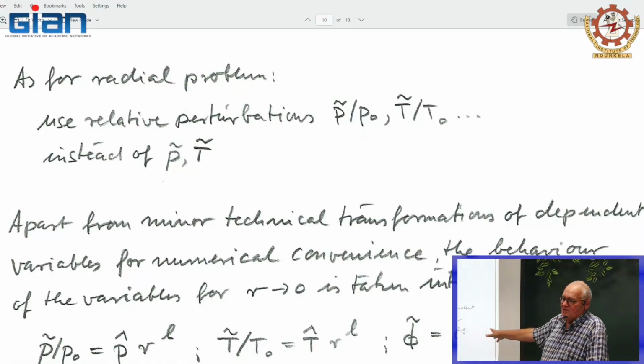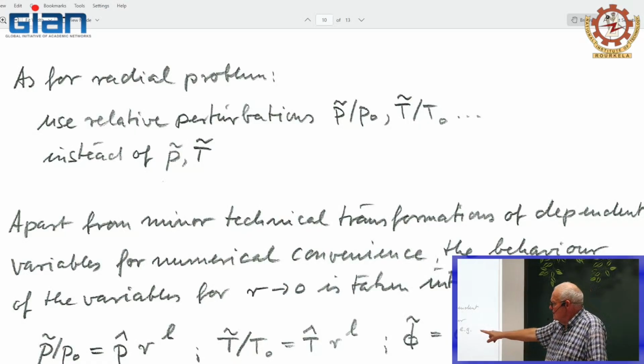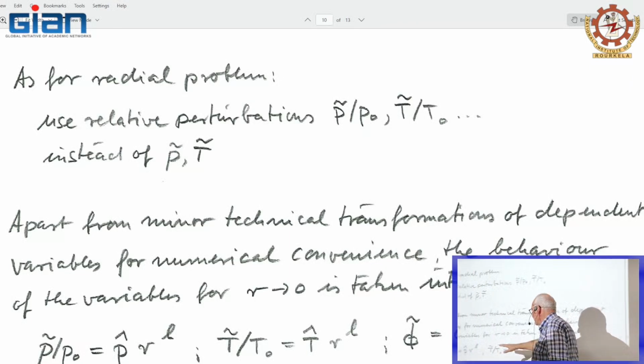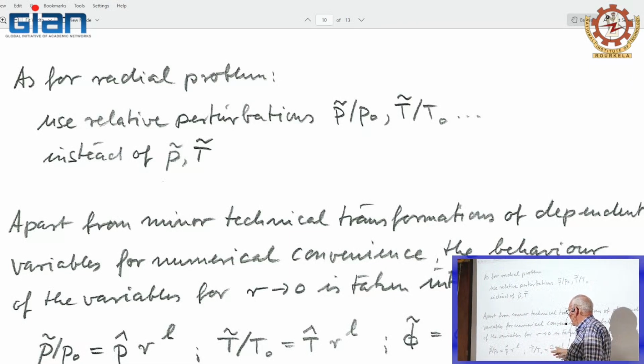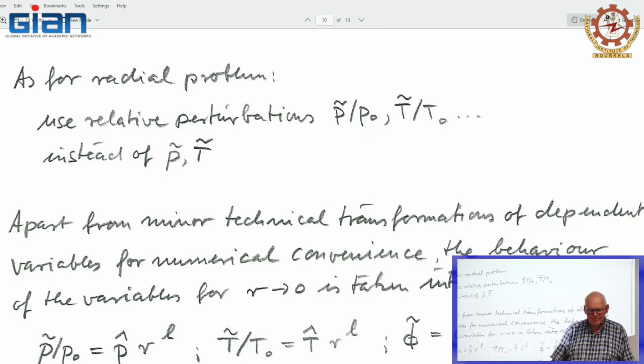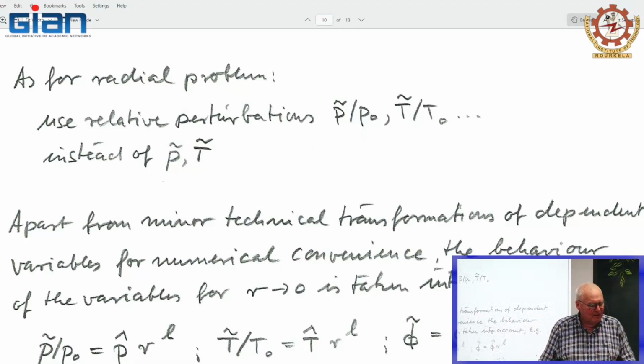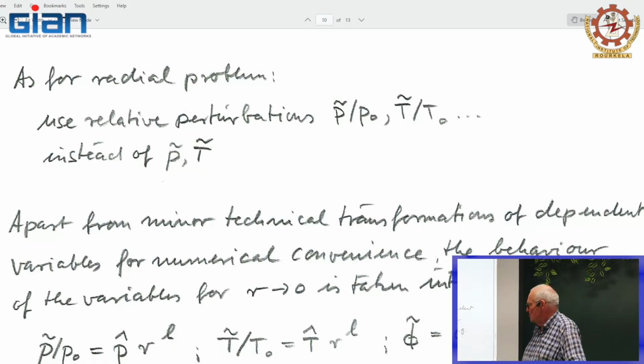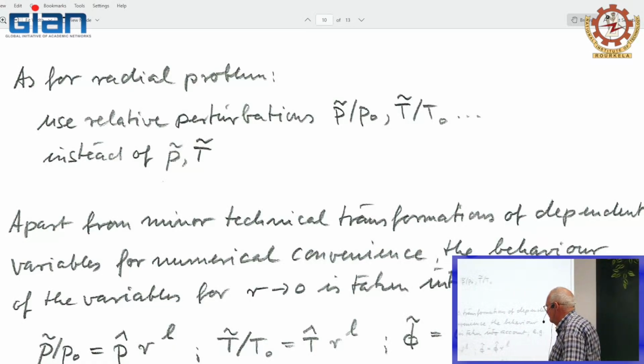That means all these quantities become 0 at the same time, and this 0 is a numerically ambiguous quantity. So if both pressure and temperature have to be 0, then numerically the ratio of pressure and temperature perturbation is not well defined.